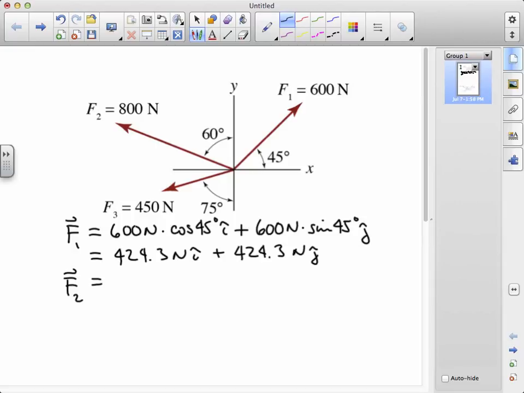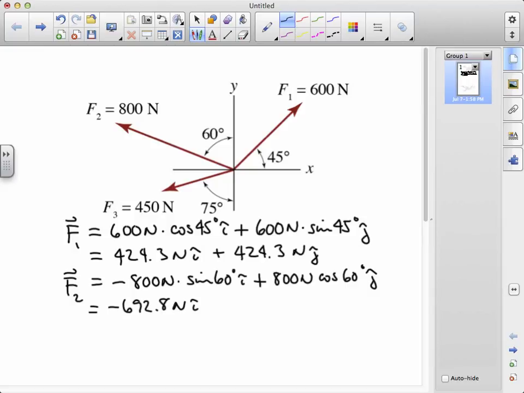We're going to have F2 is minus 800 newtons sine of 60 degrees in i, and plus 800 newtons cosine of 60 degrees in j. And the numbers turn out to be equal to minus 692.8 newtons in i and plus 400 newtons in j.